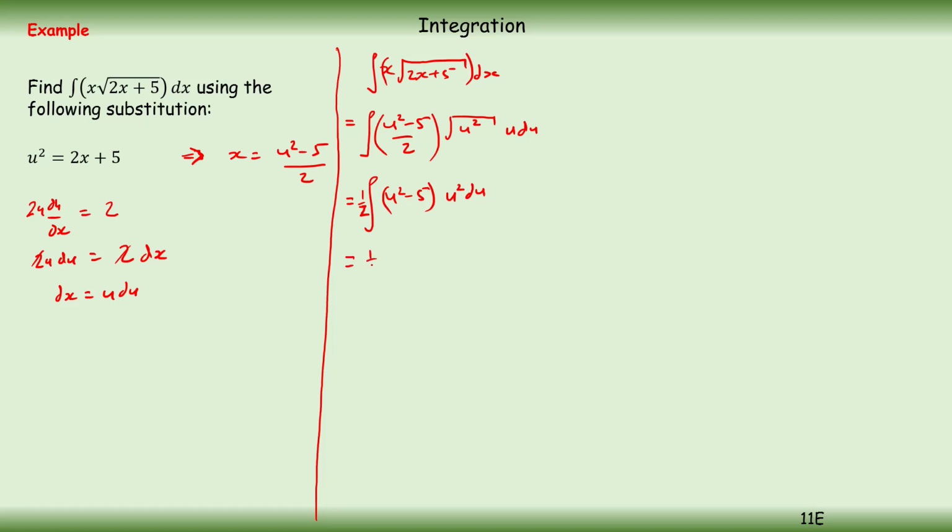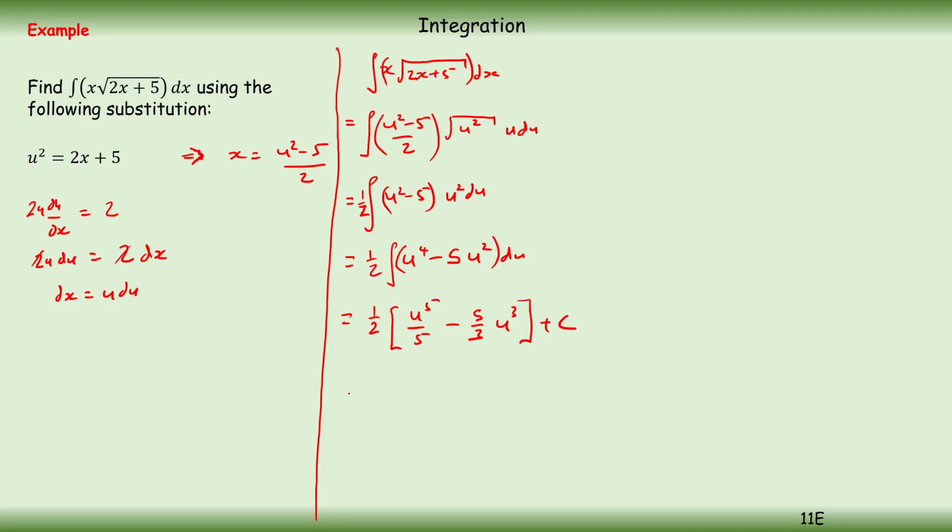So we've got a half integral of u to the power of 4 minus 5u squared with respect to u. So integrating, we add 1, divide by the power: u to the power of 5 over 5 minus 5 over 3 u cubed, plus the constant term, don't forget that.